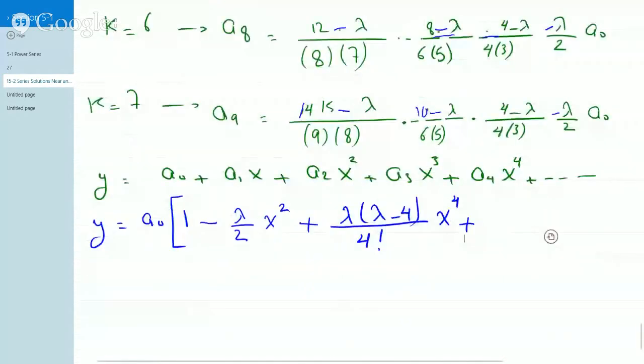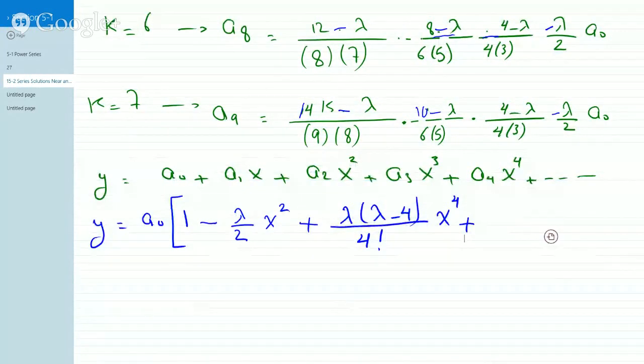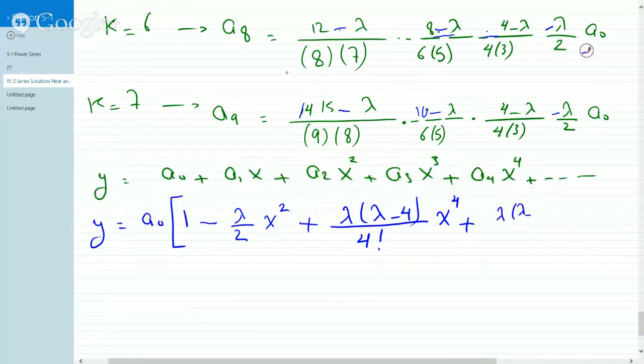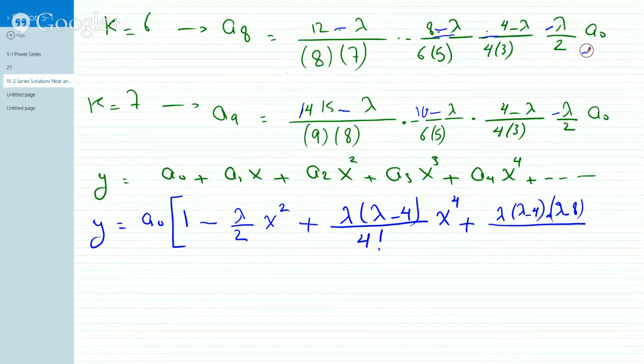So that's good that the answers here are matching. So we get lambda times lambda minus 4 times lambda minus 8 all over 6 factorial. And this is x to the 6 because this is happening on a6. Plus dot dot dot.